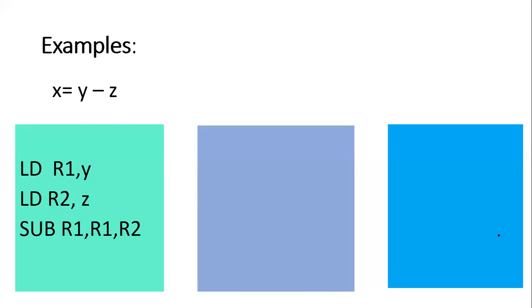See how the instruction we considered in our target machine, like that we are writing here. It is not according to your wish, but on the basis of what we considered in the previous slide, we are representing this. After subtracting, the result will be stored in X, is it not? From R1 you have to transfer to X. So store R1 to X. This is X is equal to Y minus Z.